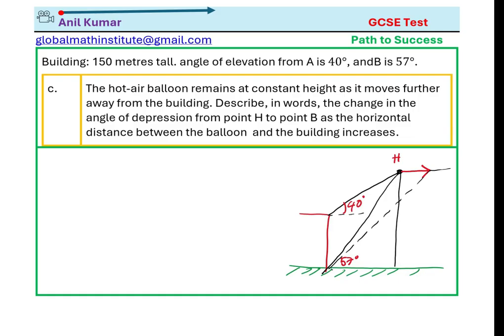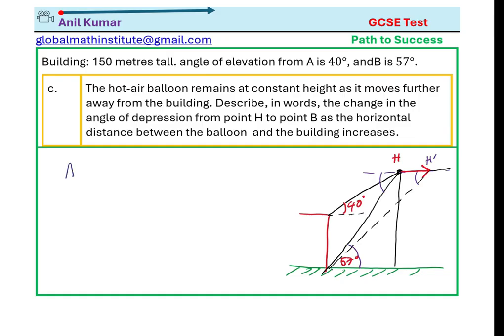So let me draw this as a horizontal line, right? So at present, the angle of elevation and angle of depression are normally the same. So it was 57. As I move further, you see this angle decreases. This angle is much smaller. Let's say this is another distance, h dash. So you will notice that the angle with the horizontal decreases.